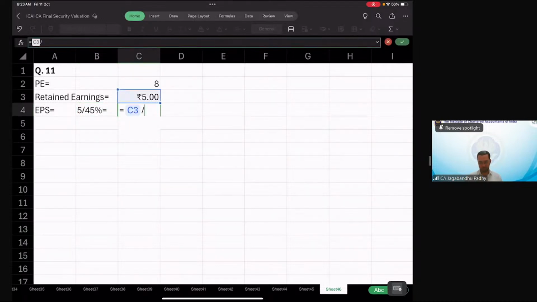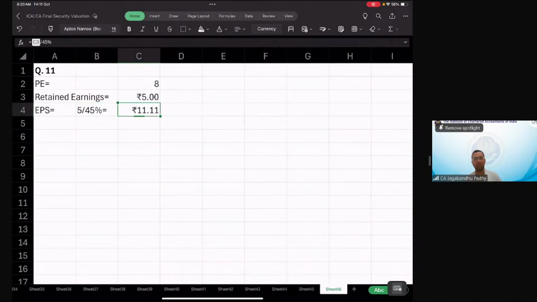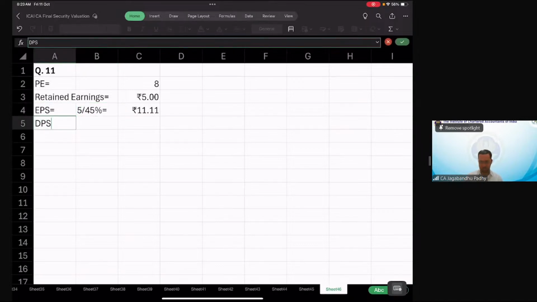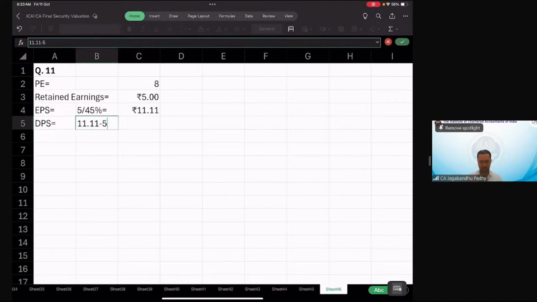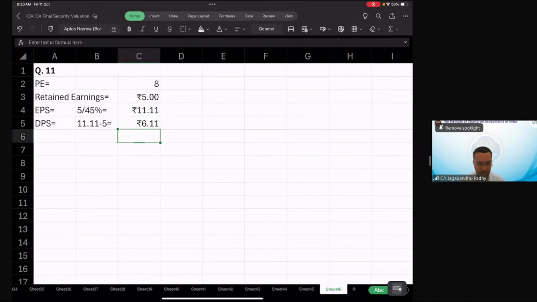So this is 11.11, your earnings per share. And obviously that will give us the dividend per share number, which will be 11.11 minus 5, which is 6.11. Okay, so dividend per share is 6.11.